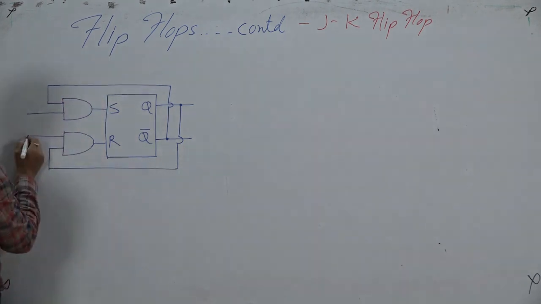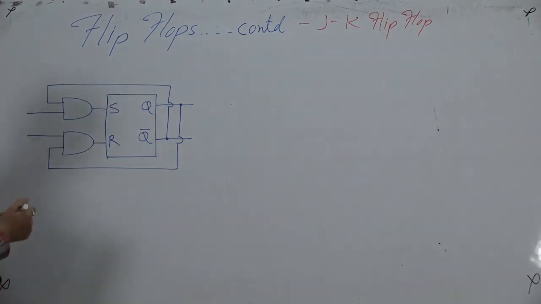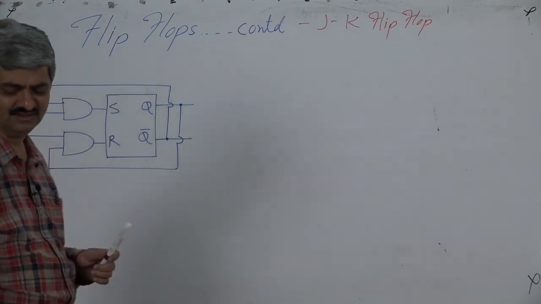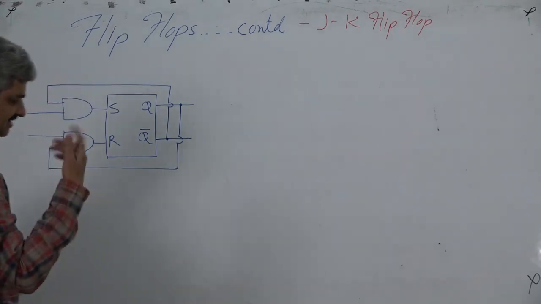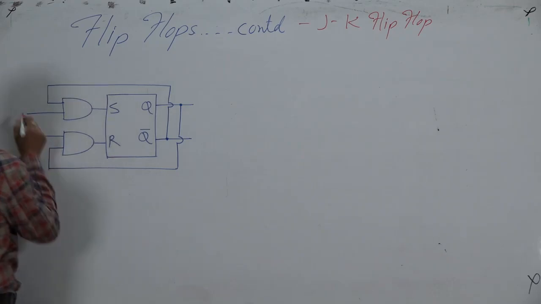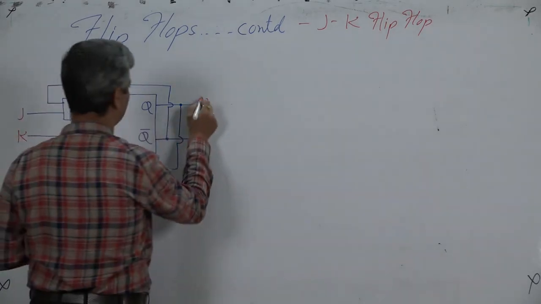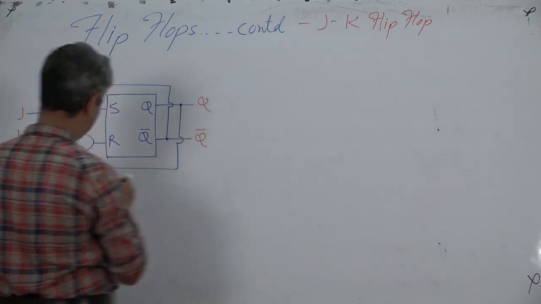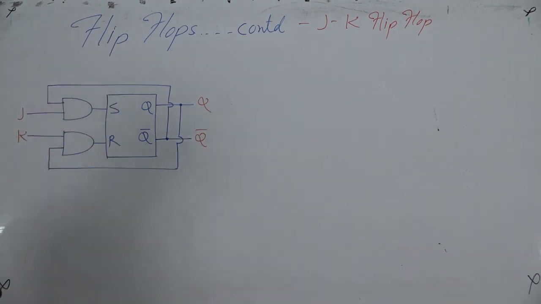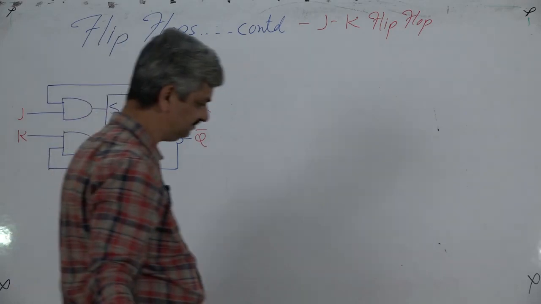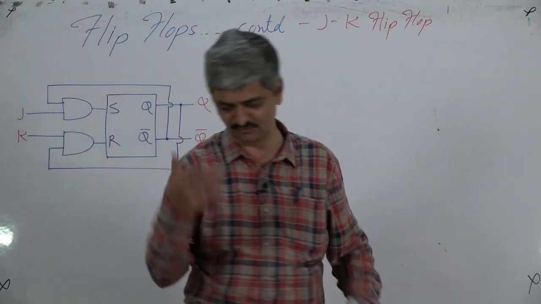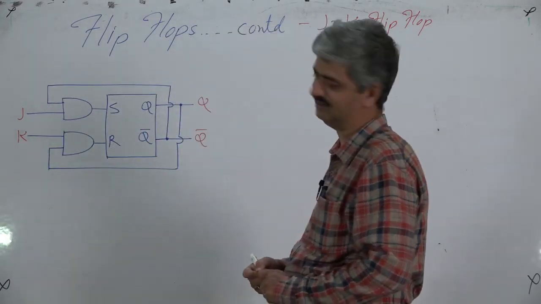And then these are to be given some names, that is Jack and King, like that names are given, maybe J and K, and then this is coming as Q and Q bar. This becomes a very interesting circuit, and we can proceed with writing the truth table.